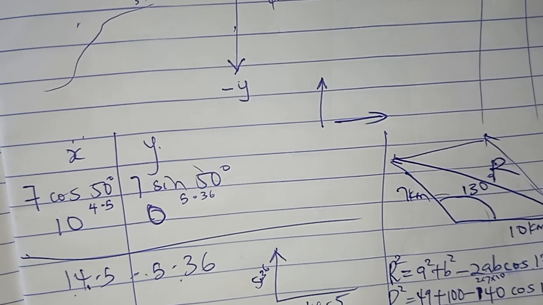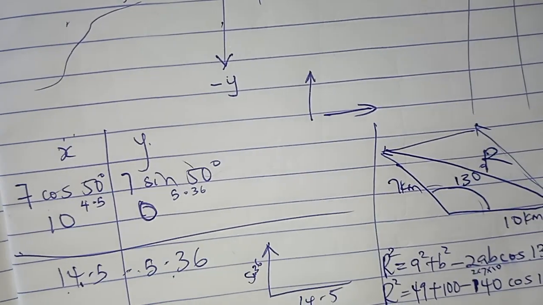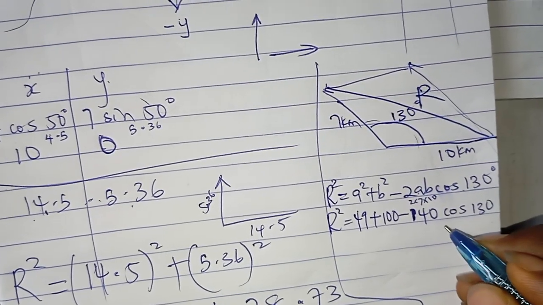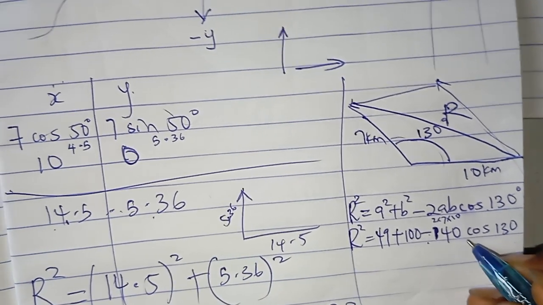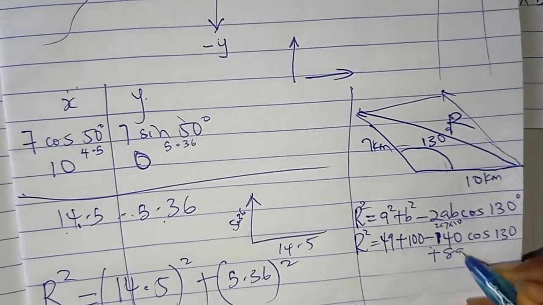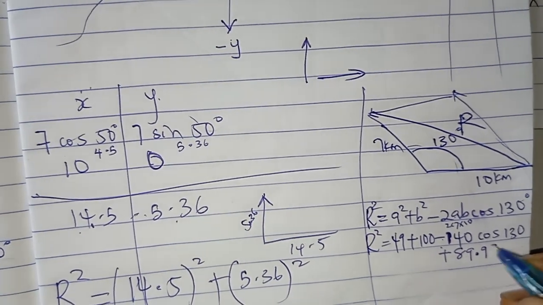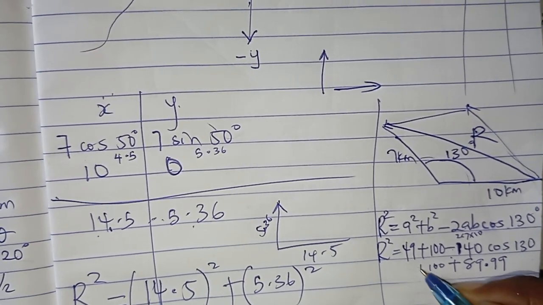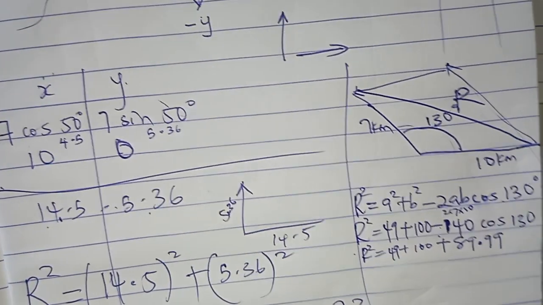So let's do 140 cos 130. We get negative, and minus negative gives plus 89.99. Then 100 plus 49.